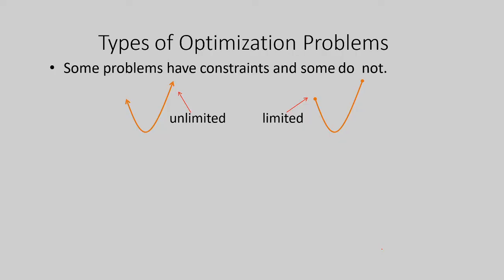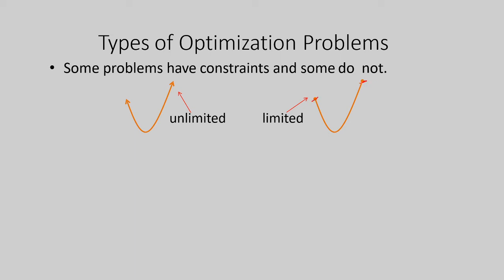Now, when we talk about the different types of optimization problems, some problems have a constraint and some do not. Here this diagram represents the limited case, where we have the lower bound as well as the upper bound.